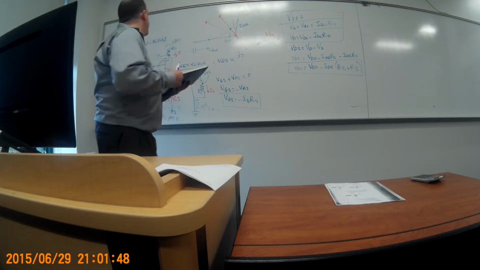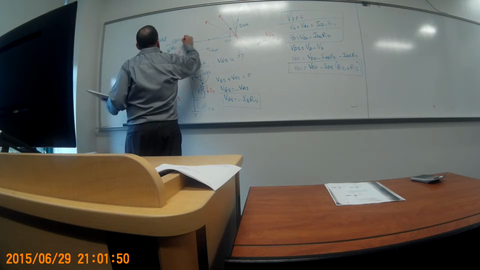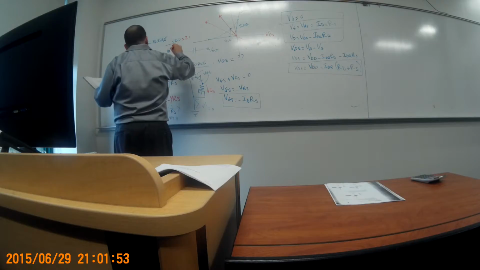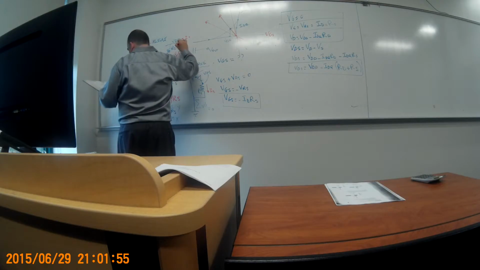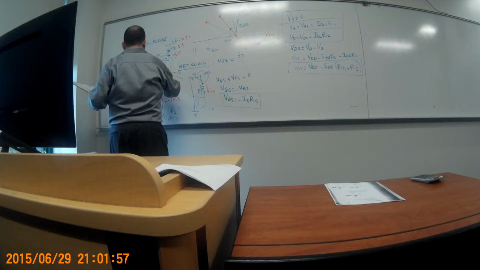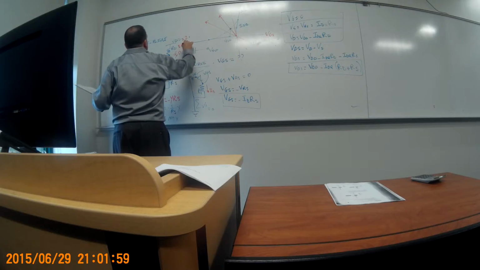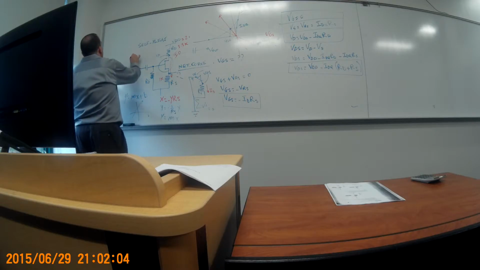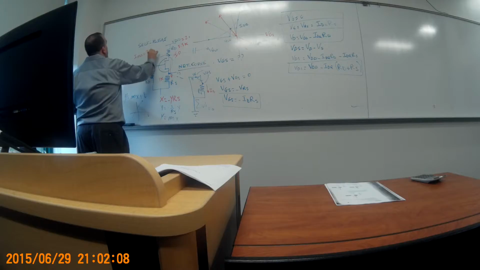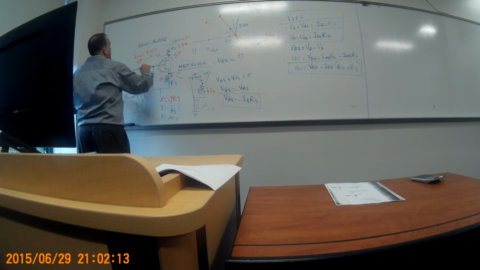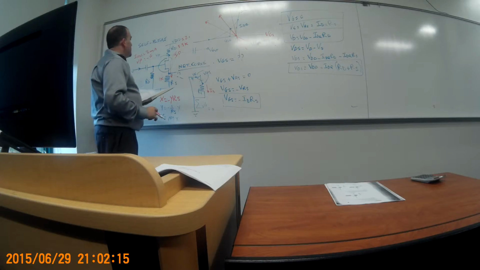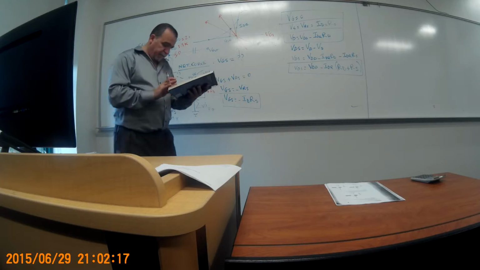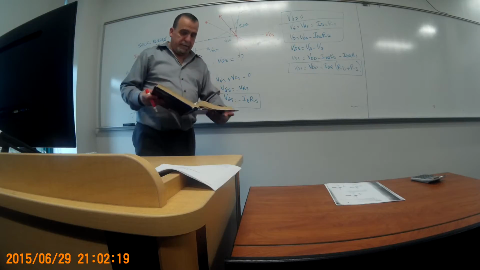I'll use that one. 20, 3.3K, and 8, and VP is minus 6, just for the sake of analysis.